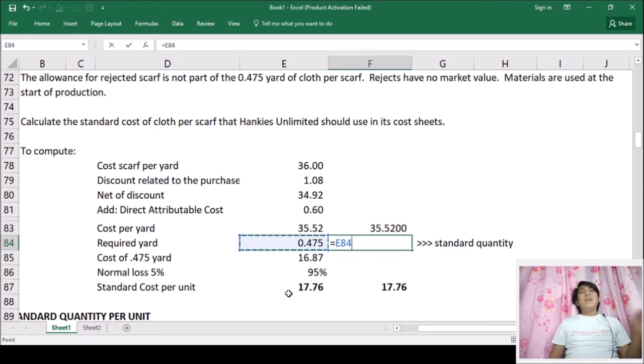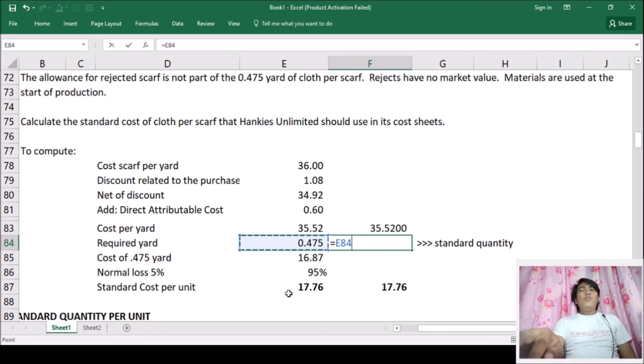This refers to the quantity of the cloth in each scarf that is used, assuming that the allowance for rejected scarf is not part. So, we need to include the allowance for that rejected scarf.